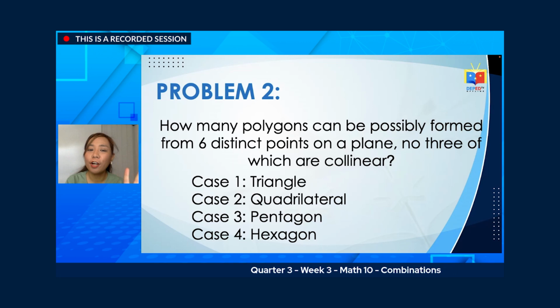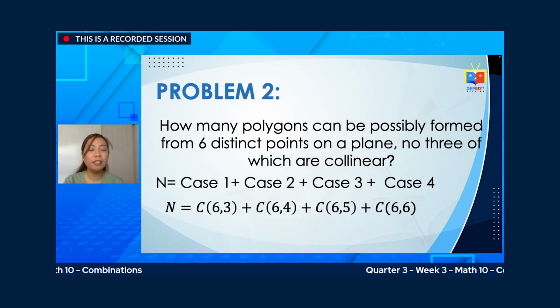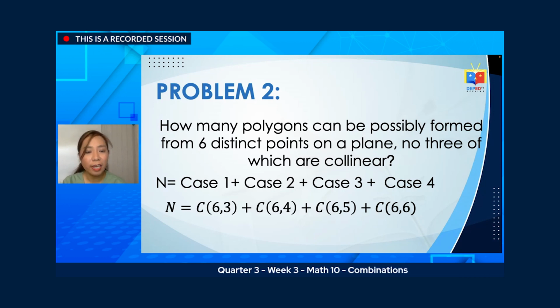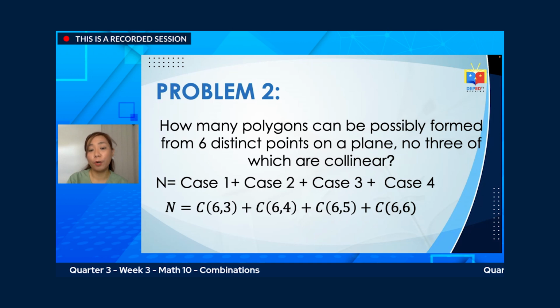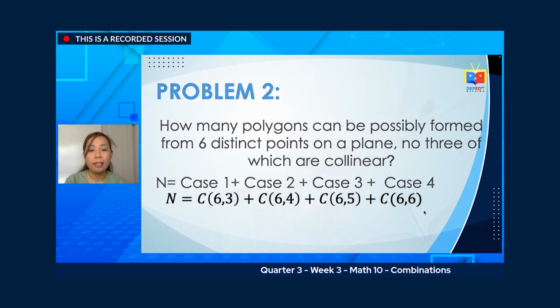And case 4, for the number of hexagons formed. So let's solve it one at a time. Case 1 plus case 2 plus case 3 plus case 4 will be the number of polygons, which is our n. So you have it here, written simply in combination. And let's solve.